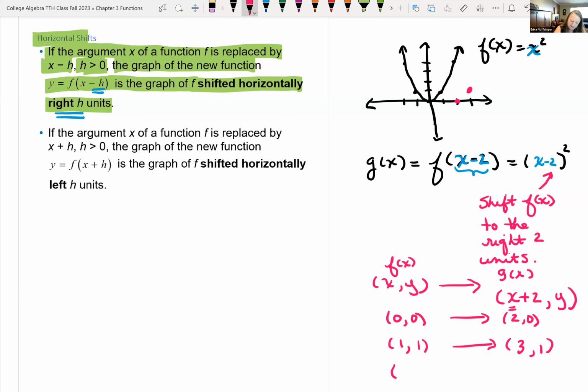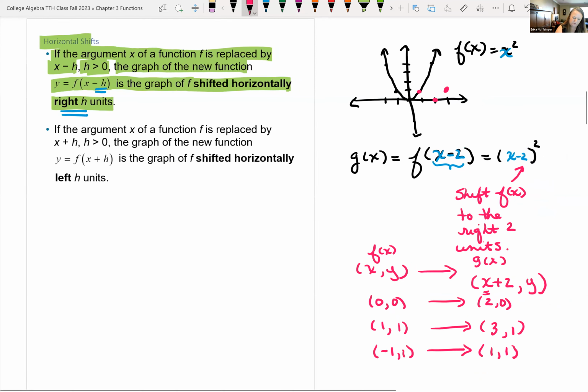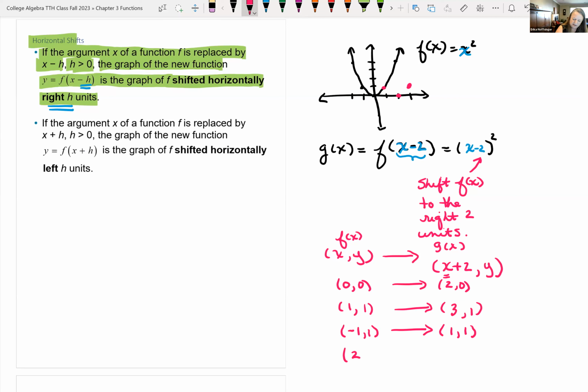My point that was at (-1, 1), adding 2 to my x value, so negative 1 plus 2 is 1. Y value stays the same of 1. So I have a point here at (1, 1). My x value of (2, 4), y stays the same. It's my x value that's being affected. So adding 2 to 2, I get 4. So I have a point at (4, 4).